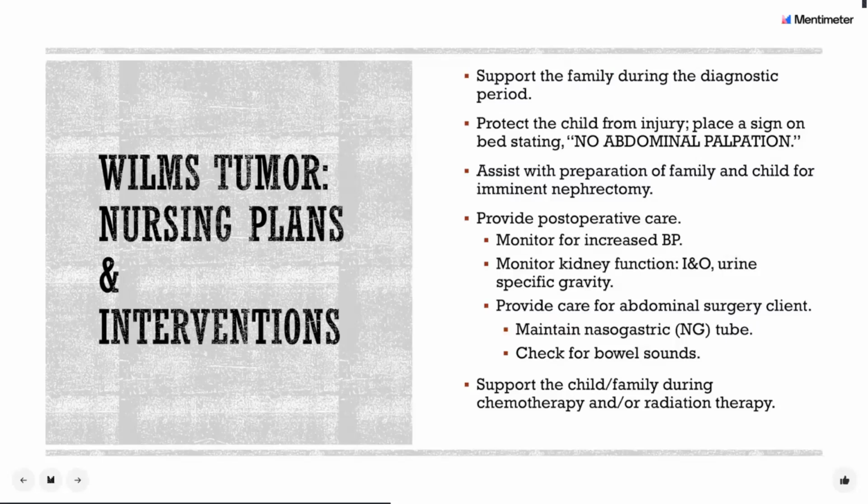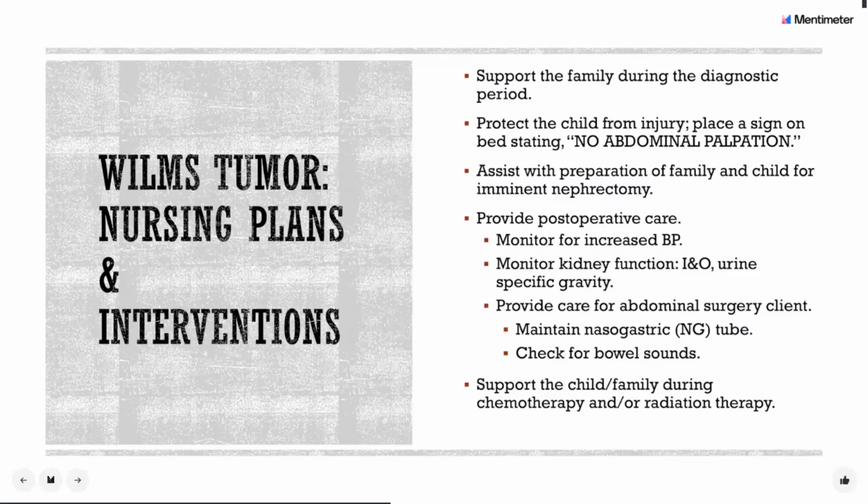So we want to make sure we keep that capsule intact until we surgically remove the entire thing. We will also take that child's kidney, the affected kidney, along with it, so that we don't leave any of those cells behind and we're not risking rupturing that capsule around it.